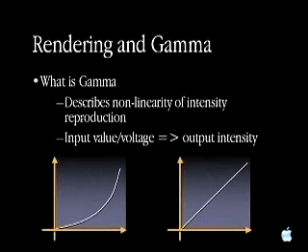I'm going to give a little overview, but basically when I'm talking about gamma, I'm talking about the nonlinearity of intensity reproduction, which is basically that you have an input value and you have an output intensity. And there's a relationship between the input value and the output intensity, and it's not always linear like the diagram at the right.